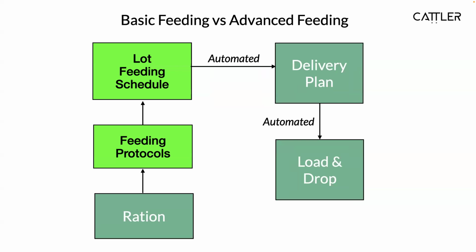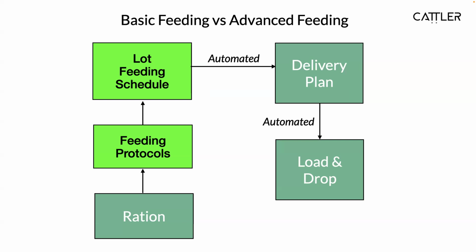And we went into this world where we incorporated the concept of the feeding protocols, where you can create the complete journey of every animal across its life cycle within the feed yard, store those feeding protocols, and then apply them on a per lot basis.